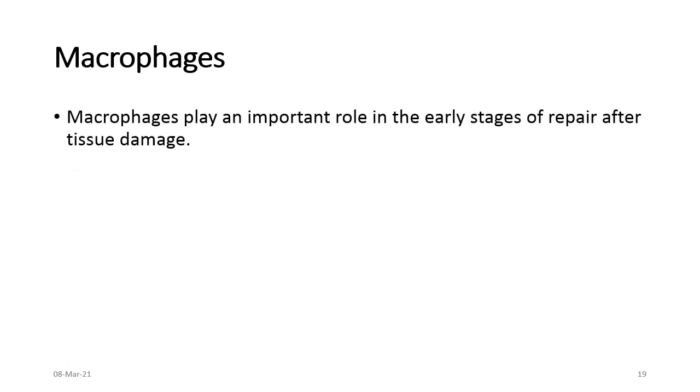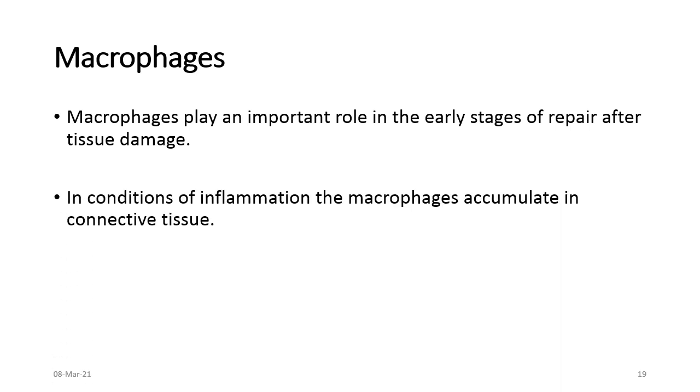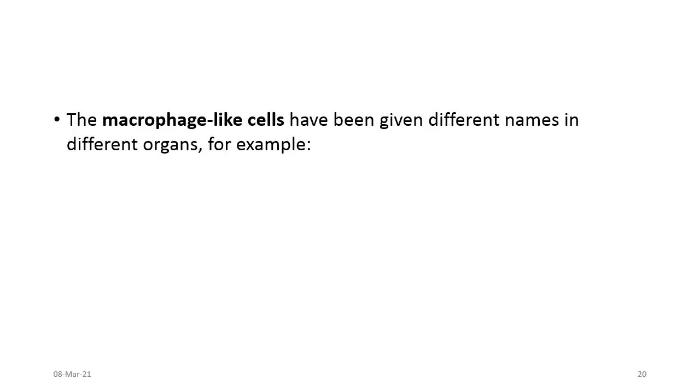The macrophages play an important role in the early stages of repair after tissue damage. In conditions of inflammation, the macrophages accumulate in the connective tissue. There are macrophage-like cells given different names in different organs.